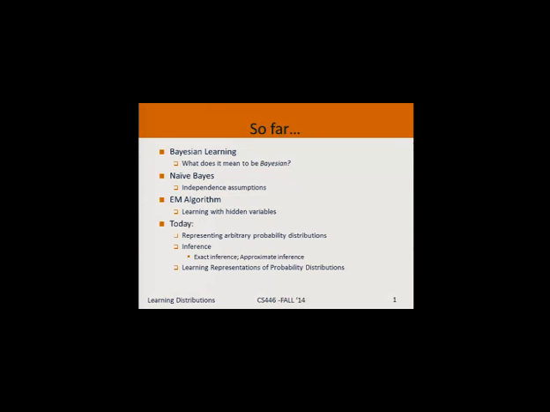Okay. So today I want to move beyond that. We are still playing the same game of probabilistic learning. I want to talk about representing arbitrary probability distributions, and then we're going to talk a little bit about inference, and we'll see what that means, and learning of these representations in the next couple of lectures.